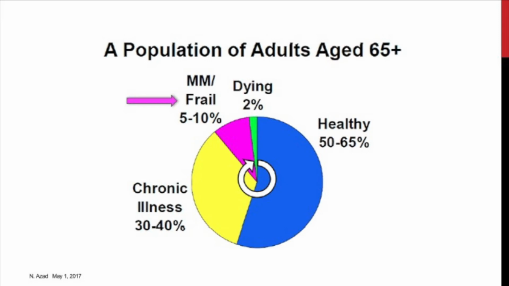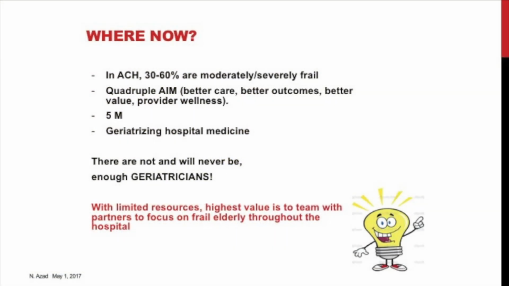So where do we go from here? We know that up to 60% of patients that come into an acute care hospital have moderate to severe frailty. I'm not necessarily saying aging, because one could be a young elderly or midlife and be severely frail.